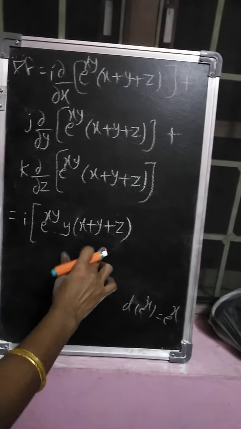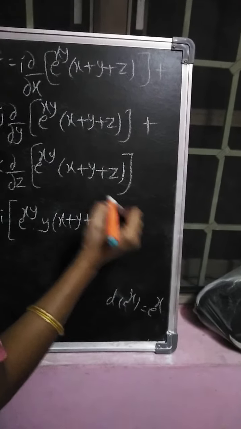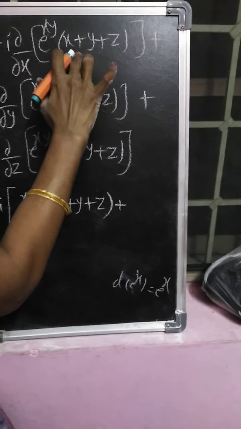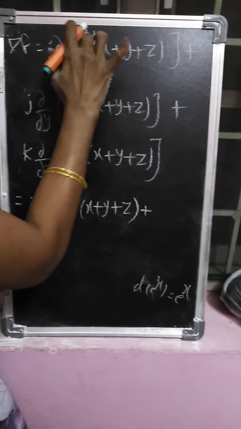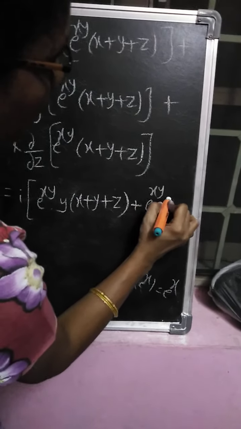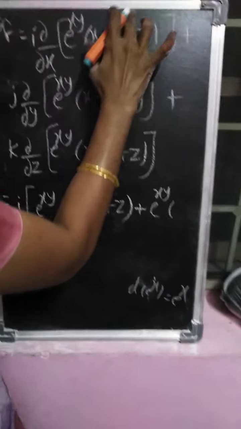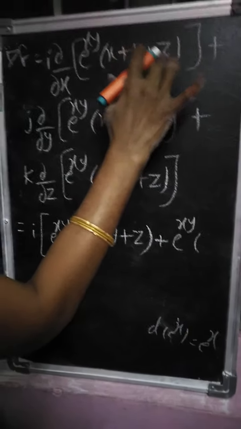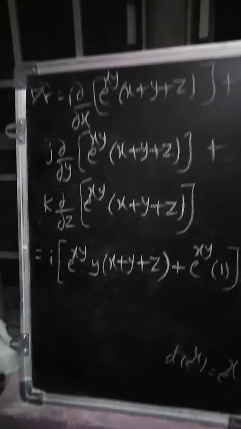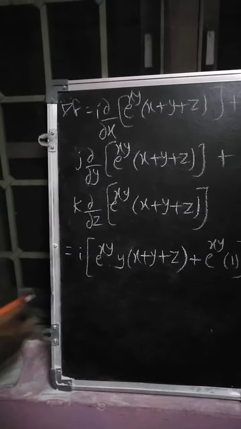Next, differentiating x plus y plus z with respect to x, e power xy is constant, so we write e power xy, and in x plus y plus z, y and z are constants and x is 1. So the value is this one.